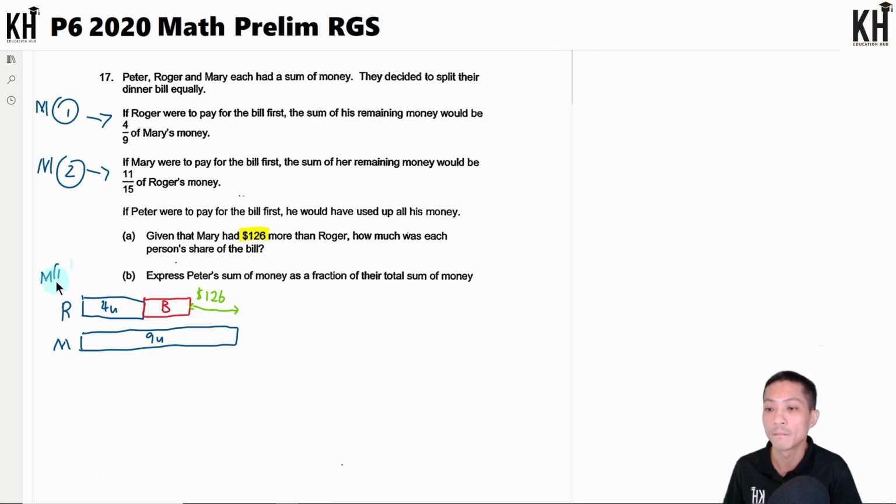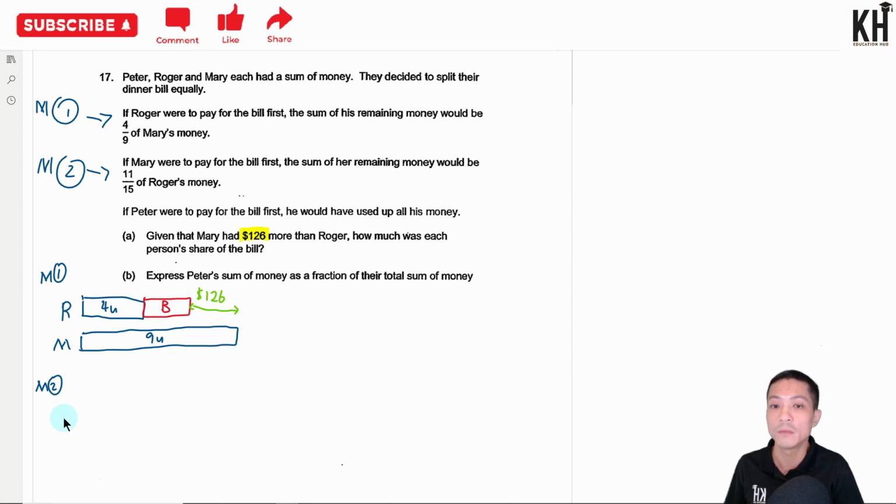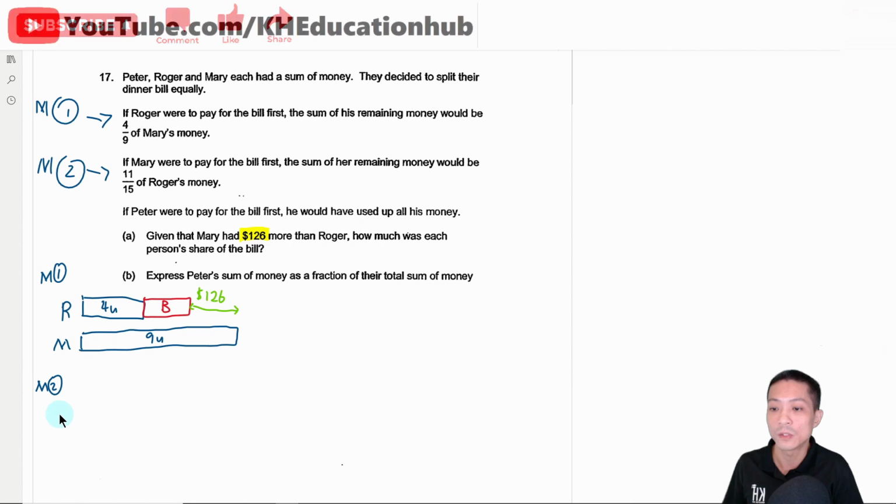Okay, model 2. So if Mary were to pay for the bill first, the sum of her remaining money will be 11 over 15 of Roger's money. So maybe for Roger, I can draw a bar that is somewhere close to this.